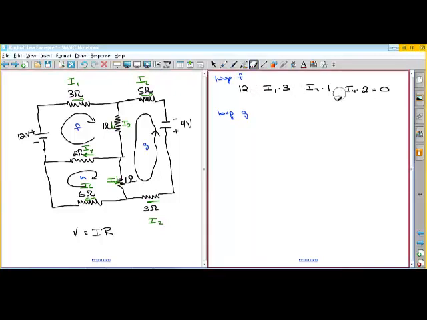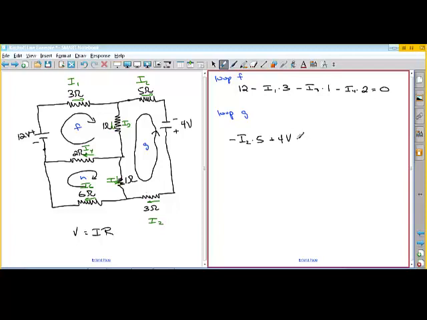I don't know why I did that. This should be negative voltage drops. So basically what it's saying is you have voltage rise, drop, drop, drop, and then you're back to start over again. Okay, so here we have a voltage drop, which is going to be negative I2 times 5. Then we have a voltage rise of 4 volts across the battery.